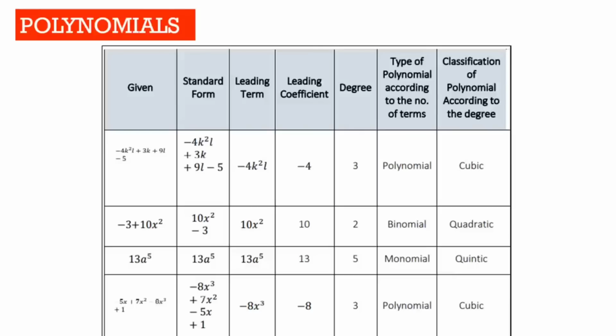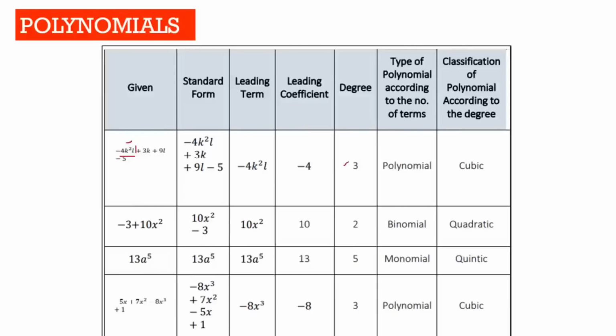For the first example, we have the expression negative 4k squared L plus 3k plus 9L minus 5. The degree of the first term is 3 because we have 4k squared L, adding 2 and 1, which is the exponent of L. 2 plus 1 is equal to 3.